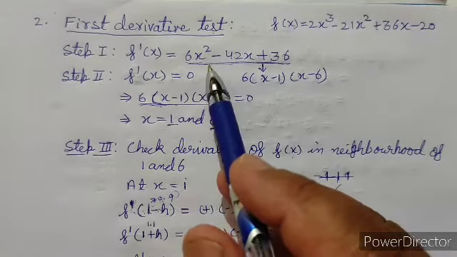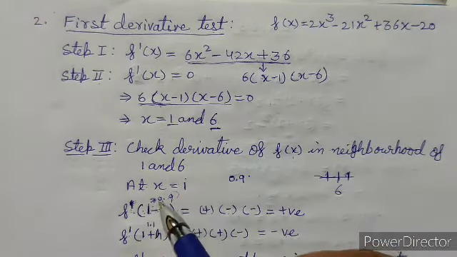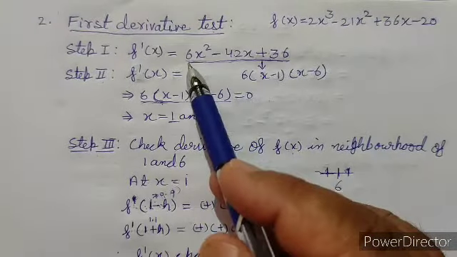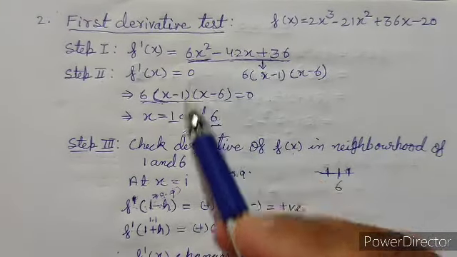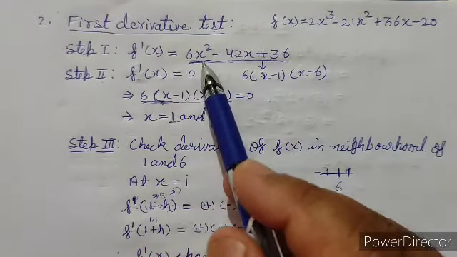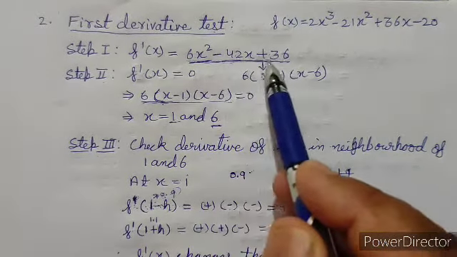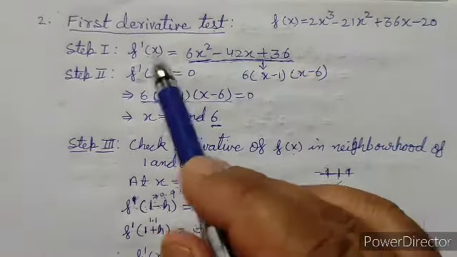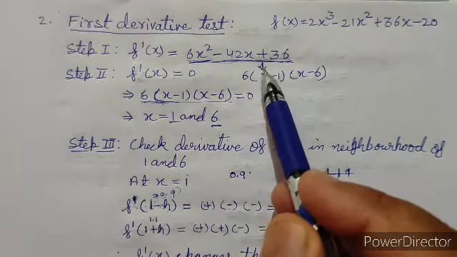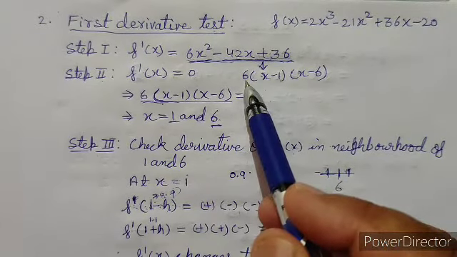Keep in mind that the sign of f'(x) will be obtained by putting the value of x in f'(x). First of all, we will factorize f'(x) so that it makes our calculation easier.